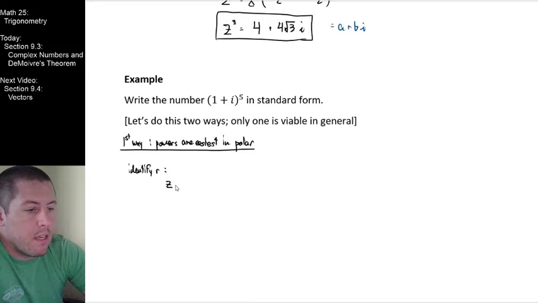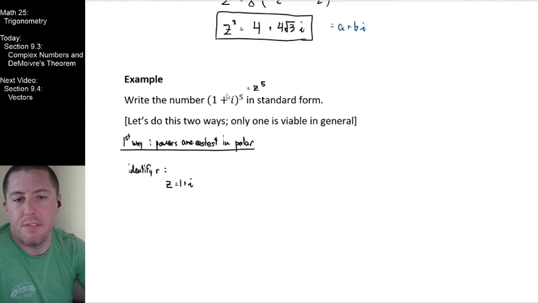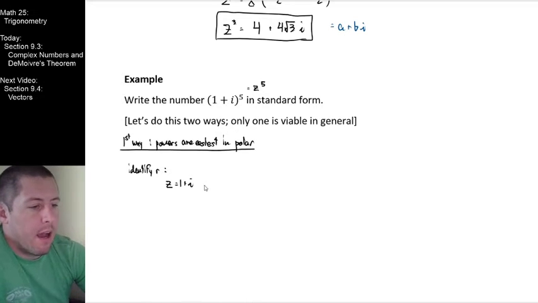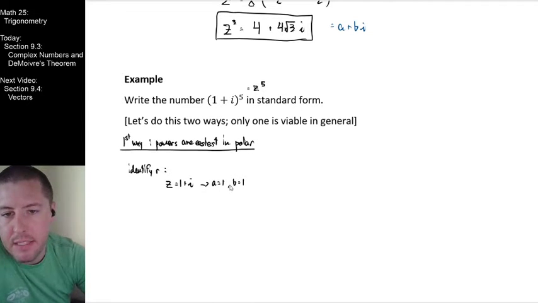We've got that z equals 1 plus I. And by the way, I always like to think of this as being my z to the 5th. That's the number that I want to actually describe. So that's helping me think of just the imaginary components without the powers as being like z. So this is going to have that A equals 1 and that B equals 1. Remember that B is how much complex stuff do you have?